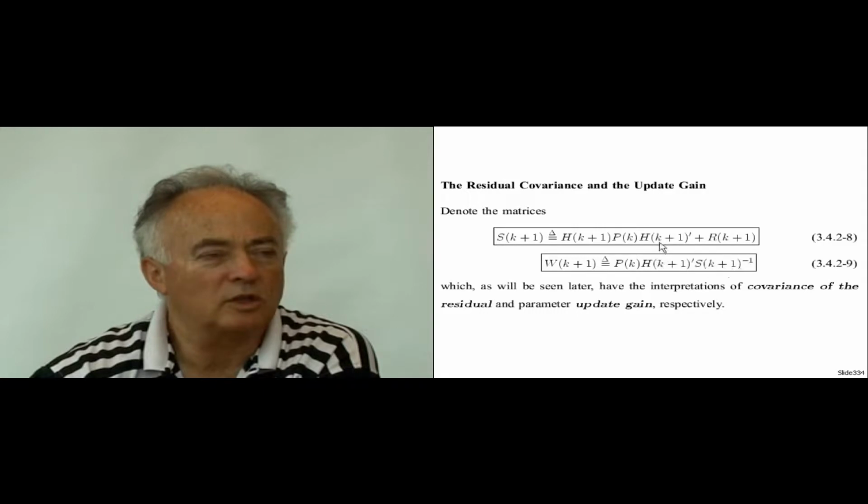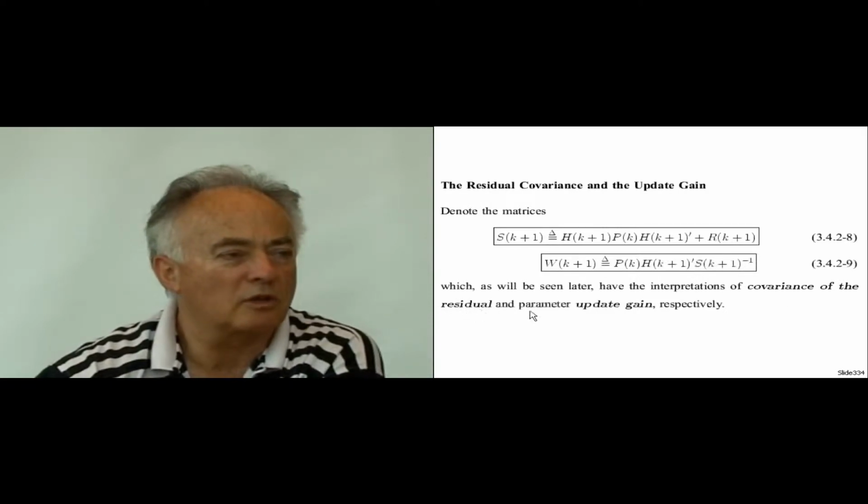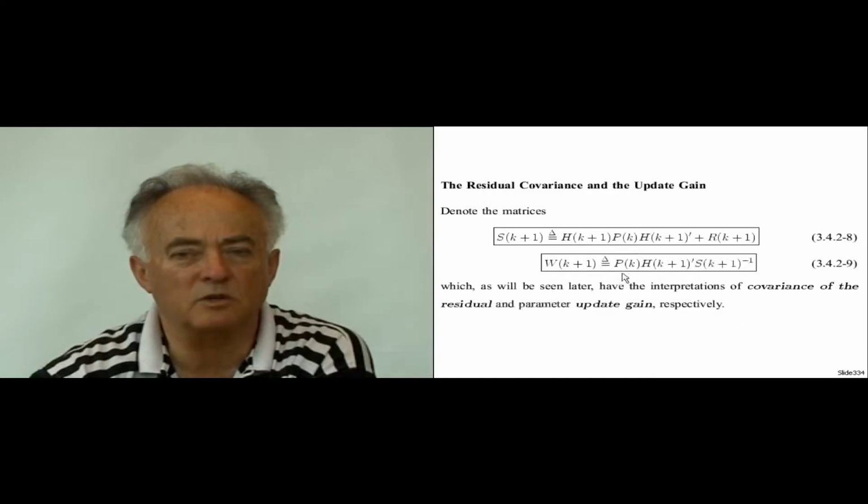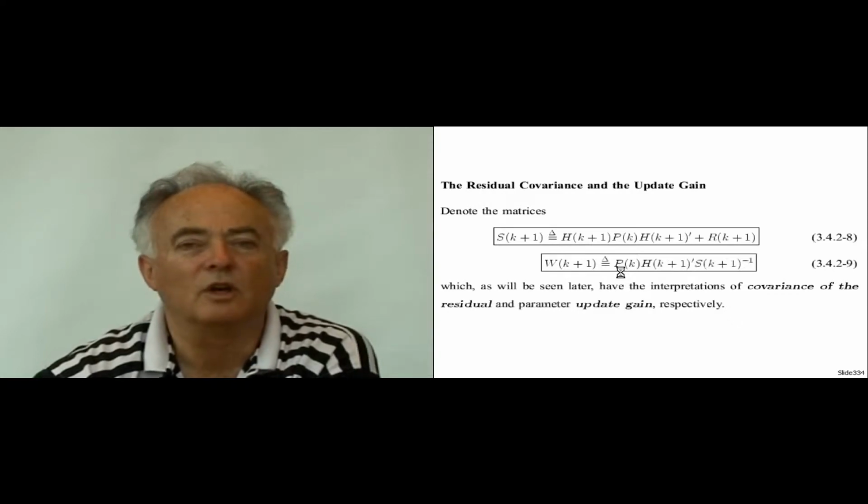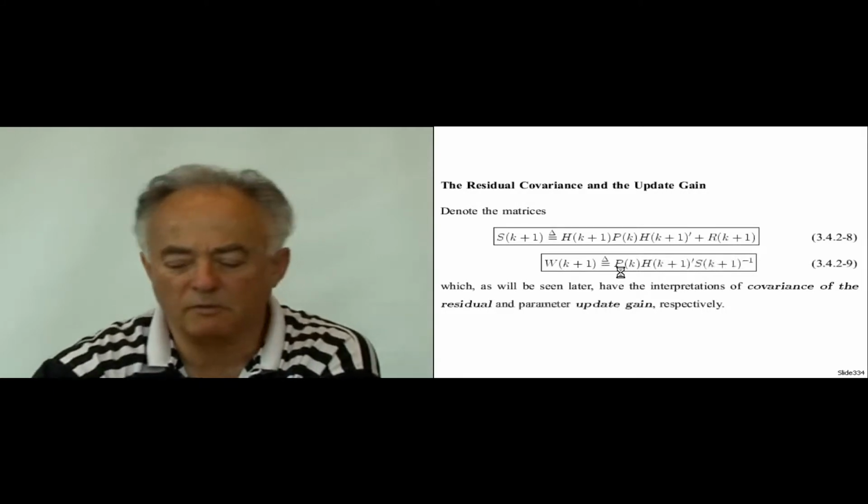They will have interpretations. The first one turns out to be the covariance of the residual, which we have to define still, and the second one is the parameter update gain, which is like a filter gain, as you will see later in the context of dynamic state estimation, the Kalman filter.